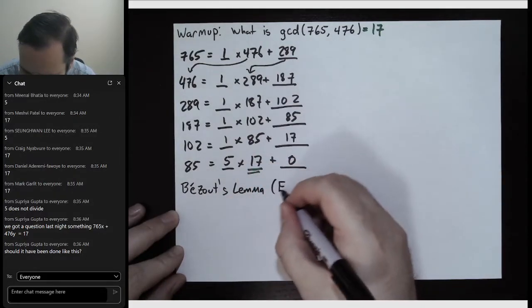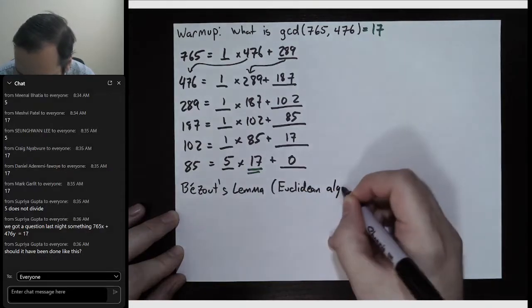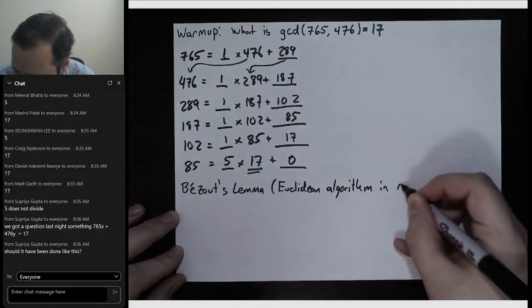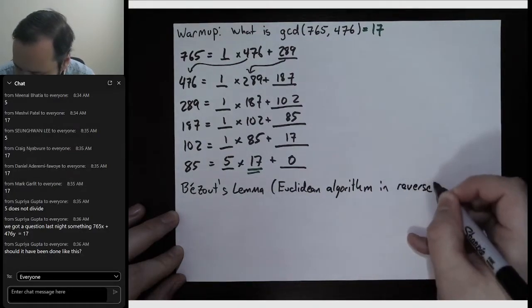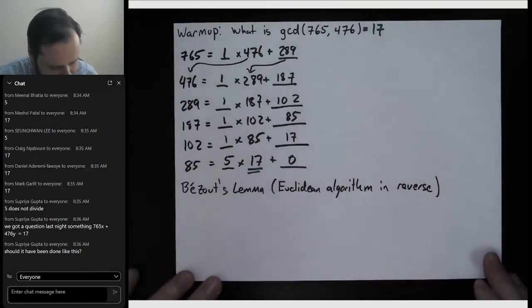But this is also the Euclidean algorithm in reverse. So what does Bézout's lemma say?